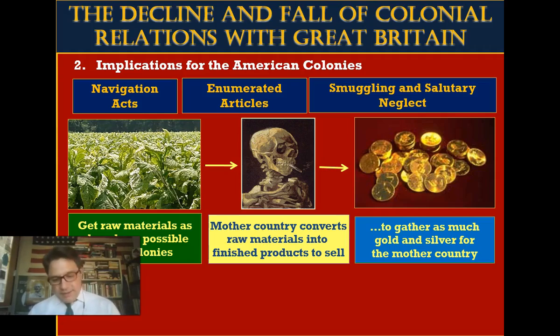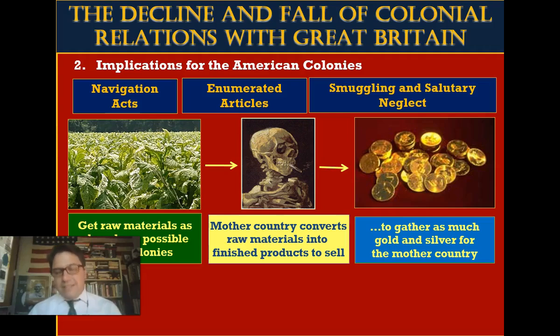What is curious is how England reacted to this smuggling. And at this point, I'll start referring to the English as the British, because England and Scotland merged in 1707 to form Great Britain. Essentially, Parliament, and here I'm saying Parliament because remember it's after the Glorious Revolution, and so the king has become just a figurehead, and Parliament has all of the real power.